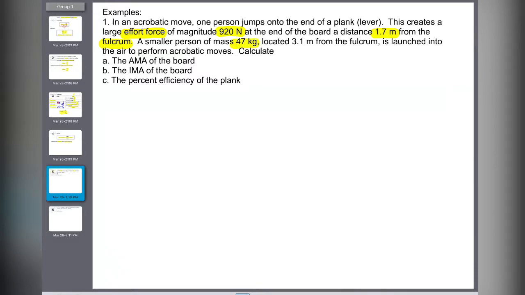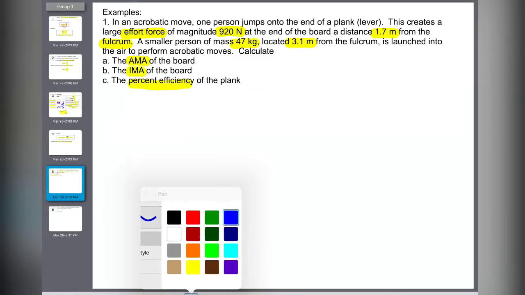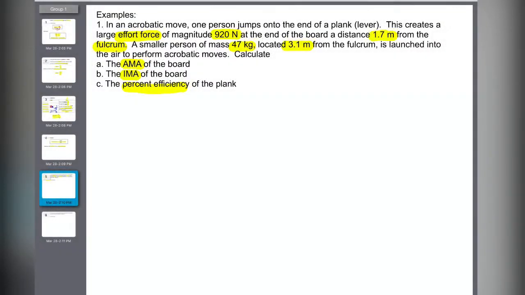Then you have a smaller person of a mass of 47 kilograms, located 3.1 meters from the fulcrum, who is launched into the air to perform the move. Okay, so we will need to calculate A, the AMA, B, the IMA, and C, the percentage efficiency.